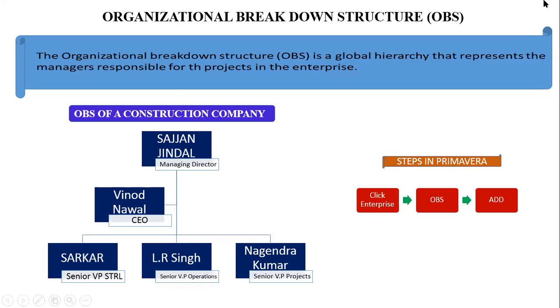Okay. As the definition shows, OBS is a global hierarchy that represents the managers responsible for the projects in the enterprise. Enterprise may be a company or a college or anything else. This is a global hierarchy. For example, consider our family.